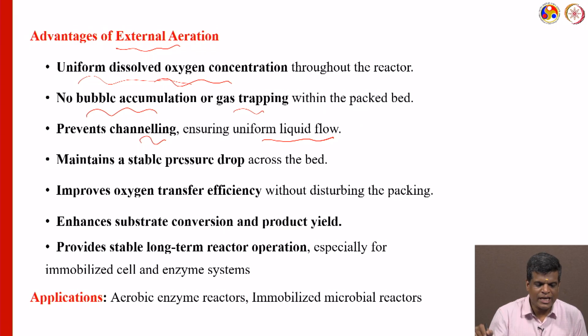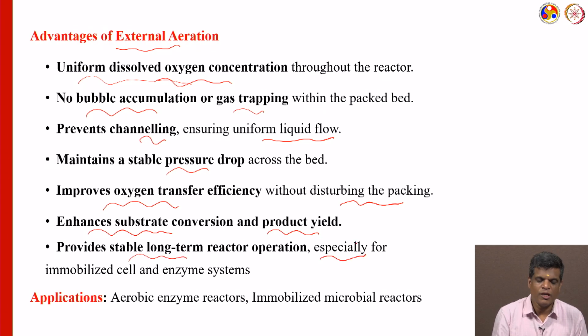And if you do external aeration, definitely there will be a stable pressure drop across the bed. In that case, it automatically improves the oxygen transfer efficiency without disturbing the packing. So it enhances the substrate conversion and the product yield also. It provides stable long-term reactor operation, especially for immobilized cell and enzyme systems.